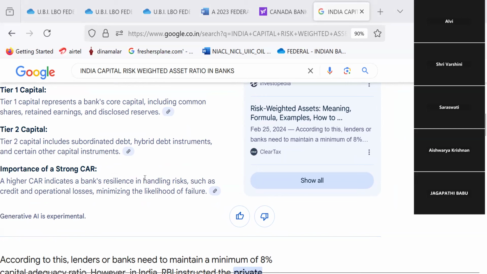Aishwarya, you are married? Yes, sir. How many kids do you have? One, sir. Boy or girl? Girl baby, sir. How old is she? 2 years, sir. Oh, good. How long do you spend time with her? No, sir. Presently I'm preparing for exams, sir.